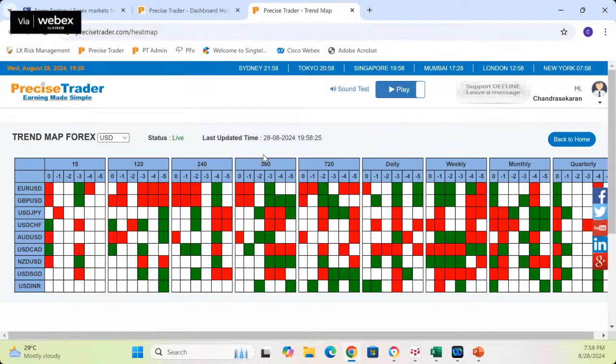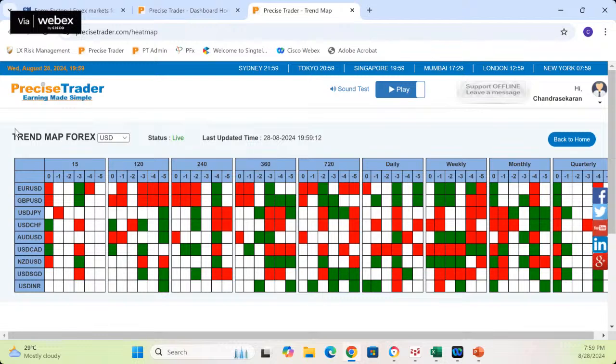For those of you coming to our session for the first time, please take note that white boxes mean the market is flat, red means the market is down, green means the market is up. On the left we have all the currencies, on top we have all the time frames, and zero denotes the current time belt, -1 means the previous one, and -2 the one before that, and so on.